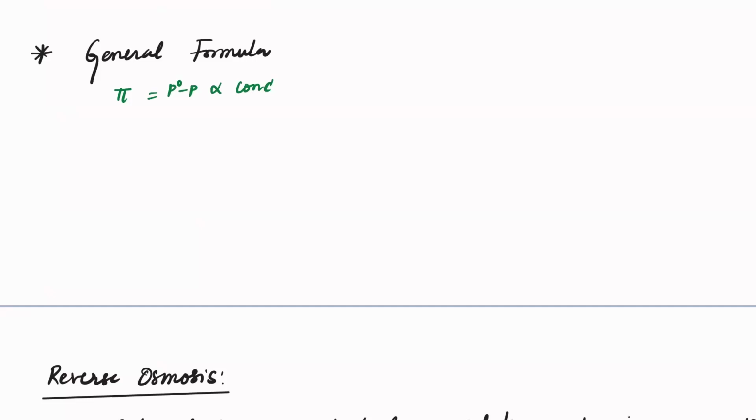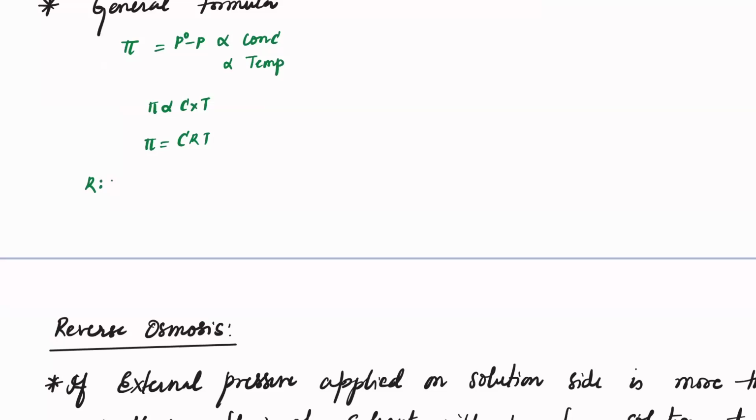And it is directly proportional to temperature, because if there is more temperature, the movement of the solvent particles will be faster. So pi is directly proportional to concentration and temperature. If I remove the proportionality, I will get a constant, so pi equals CRT. R is very similar to the gas constant.